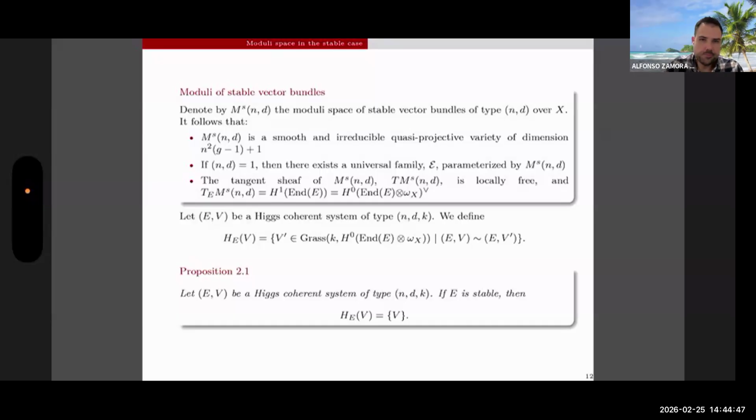And in the case where the vector bundle is stable, the following proposition tells us that each element in the Grassmannian determines a different isomorphism class. The result follows from the fact that isomorphisms between stable bundles are multiplication by a non-zero scalar, so the induced morphism in the Higgs fields does not change the vector space structure.